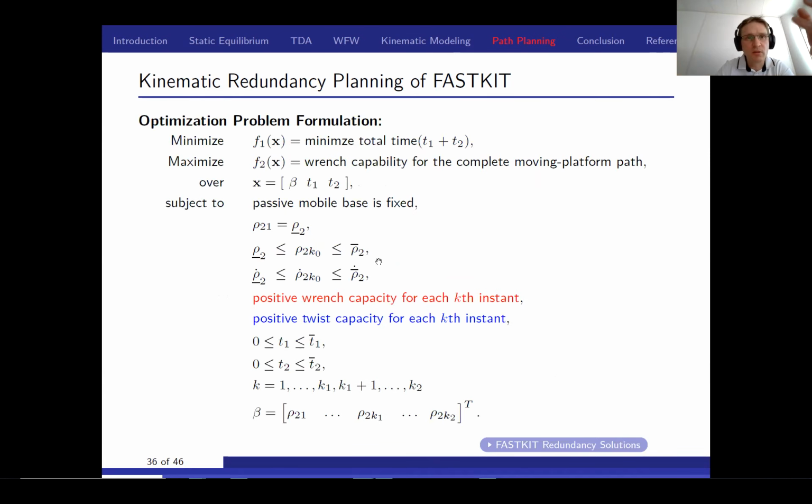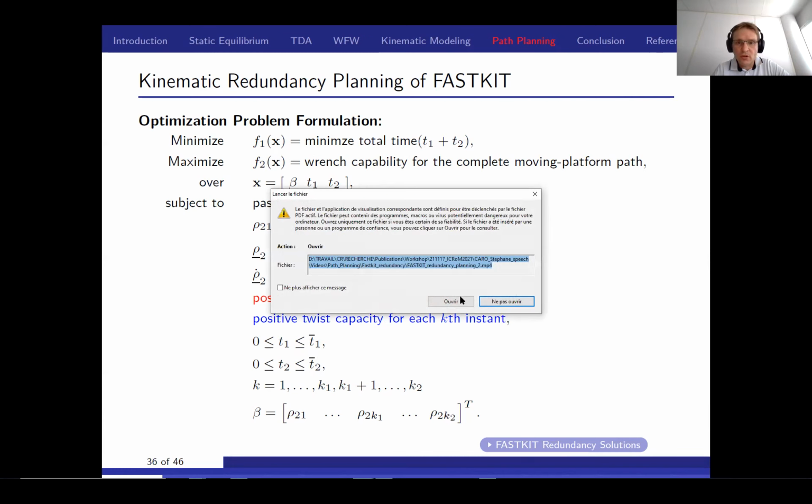We first formulated in a very simple way the kinematic redundancy planning problem of such a manipulator. The problem aims at minimizing the total time required to follow the prescribed path, and also maximizing the range capability of the moving platform along this path, while satisfying a set of constraints.